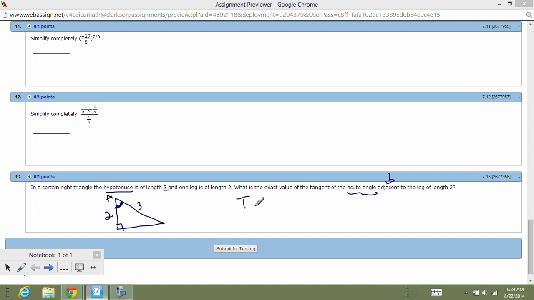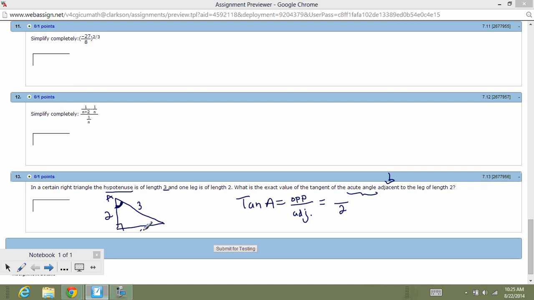They want the tangent of A. What is the exact value of the tangent? So they don't want to know what the angle is. They want to know what the tangent of the angle is. Well, of course, tangent is the ratio of the opposite leg to the adjacent leg. All right. We know the adjacent leg. We know our denominator is a 2, but we're missing the opposite leg.